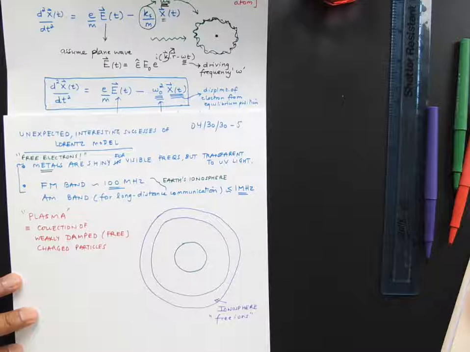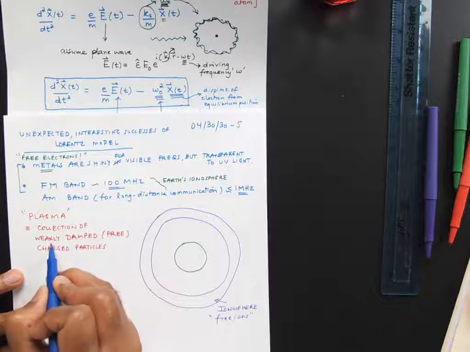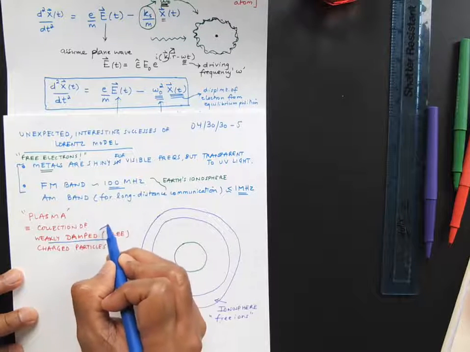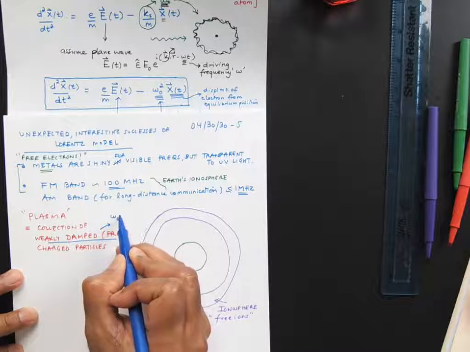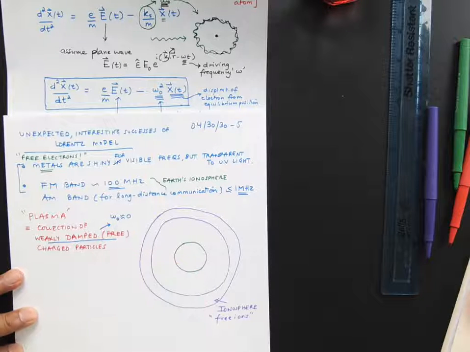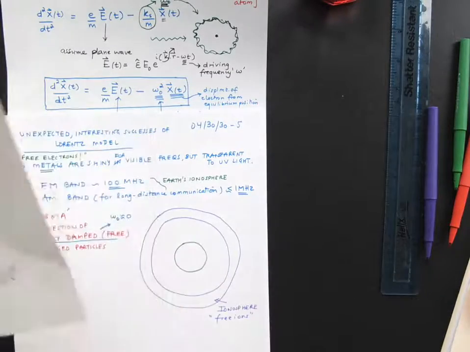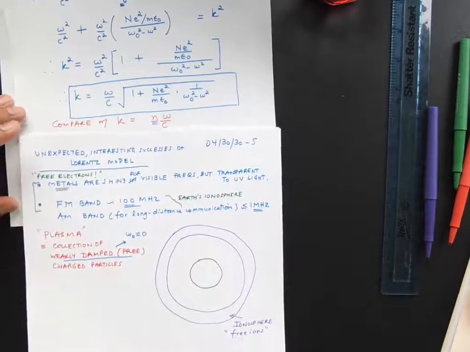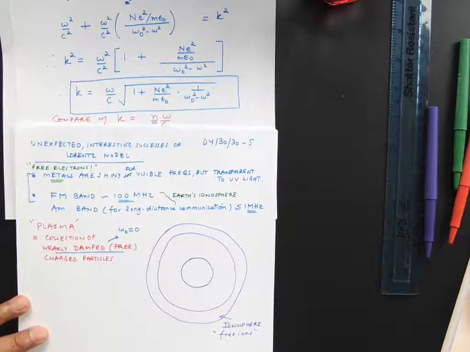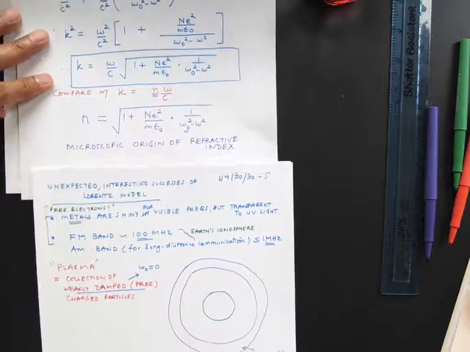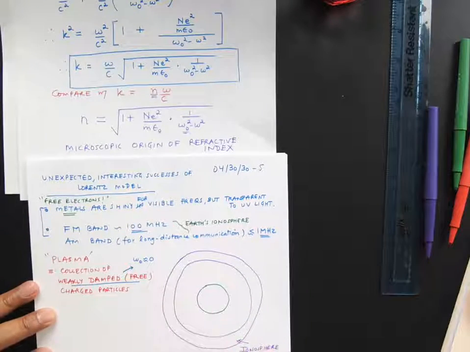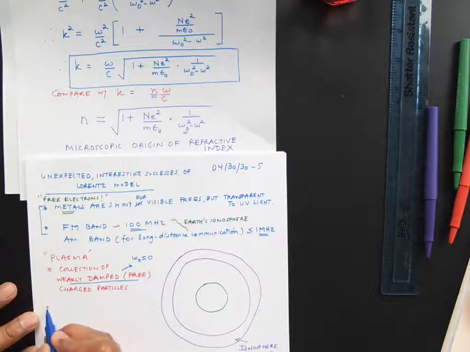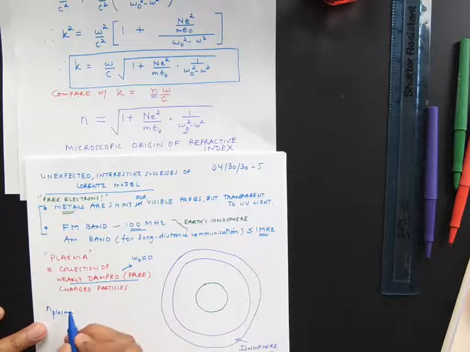Because of this, the omega naught is 0. I mean, it's almost 0. So now if you look at the solution that you have, which is this, n is that.